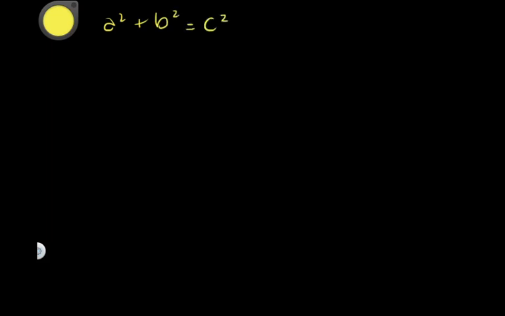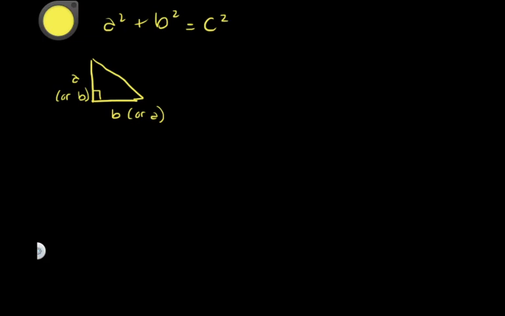If we look at a triangle, there's my triangle. Here's the right angle because it's a right triangle. These shorter sides we can label A and B. This could be A or B, and this could be B or A. It doesn't matter which is which because they're both shorter sides.